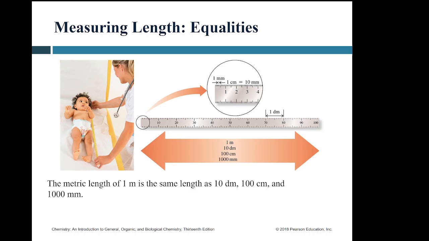So 1 meter is, by definition, equal to that. And these equalities are all going to be exact numbers, because by definition, those prefixes, you have to have 10 decimeters in a meter. Can you have 11 decimeters? 10.1? No. By definition, 10 decimeters to a meter.